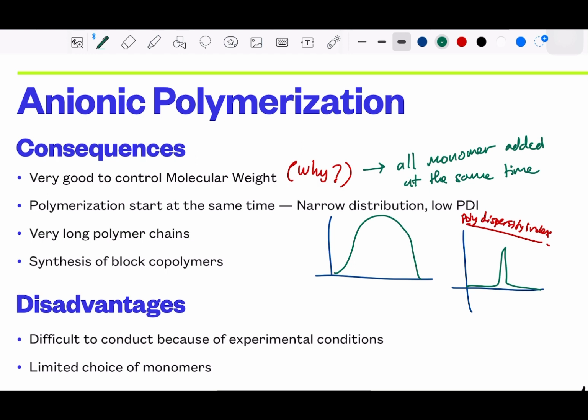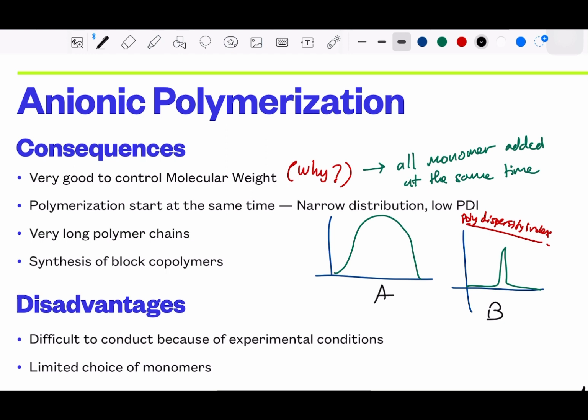This is polymer A. This is polymer B. If we buy polymer A and make some product in an experiment, maybe we get small molecular weight. We want this. When we make B, the probability we get this is quite high, because you only have this. The percentage of getting good molecular weight is high.